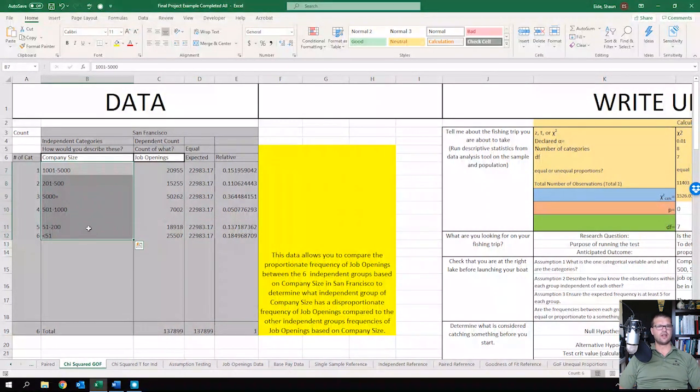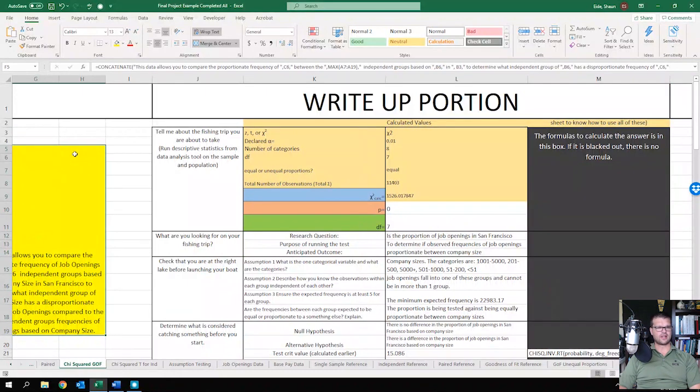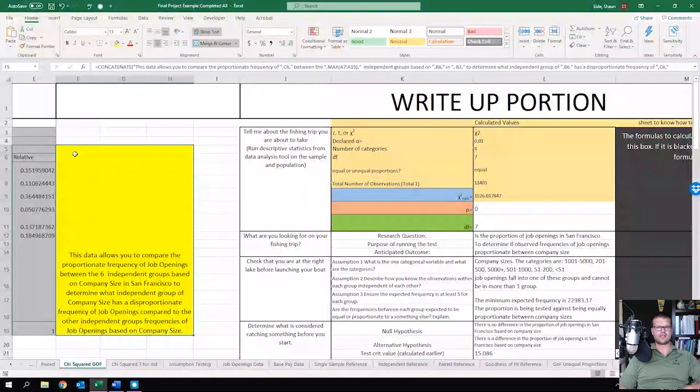In order to test that, I'm going to assume that all of the job openings for the different company sizes are going to be the exact same. I'm assuming that these are the exact same because I'm going to test if they are different. That is what a chi-squared goodness of fit test does: are they the same? And make sure that you read your yellow box to really understand what your data does.